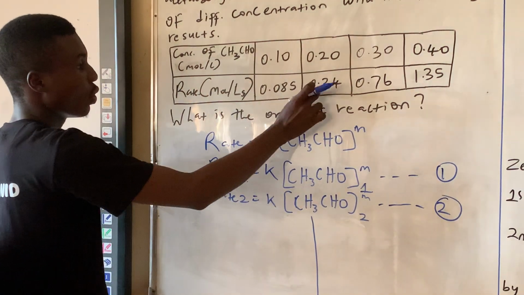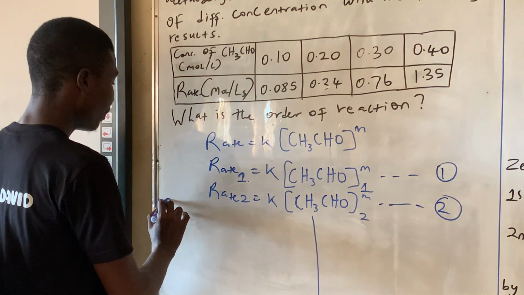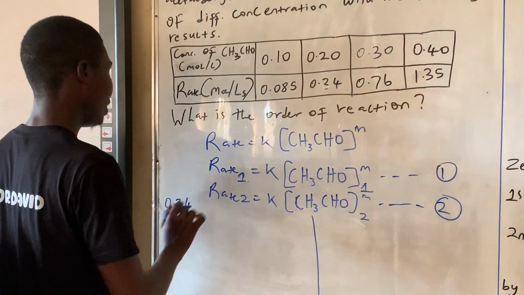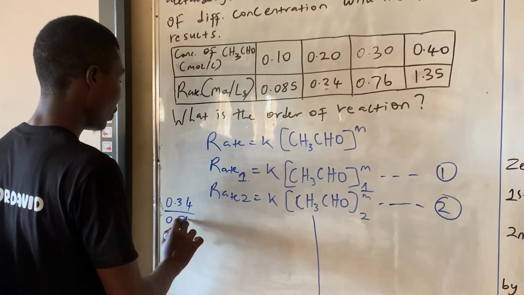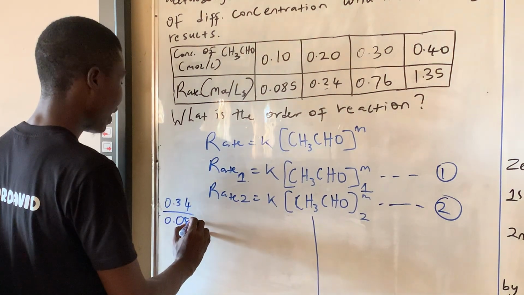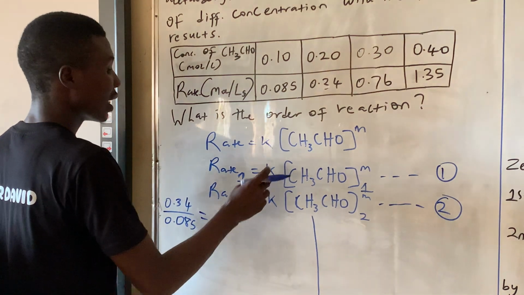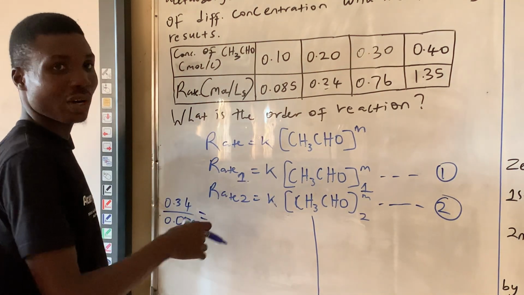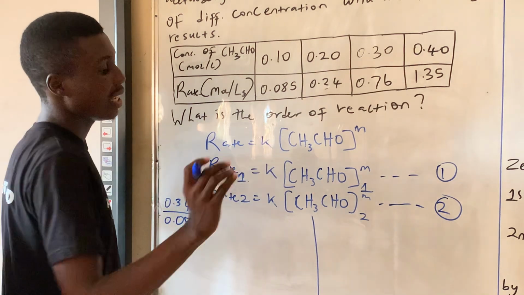What is rate 2? Rate 2 is 0.34. What is rate 1? Rate 1 is 0.085. On the other side, k divided by k is going to give us 1. So k is out of the game.